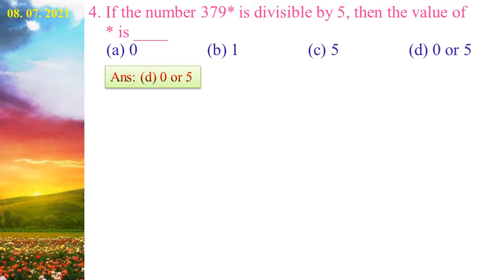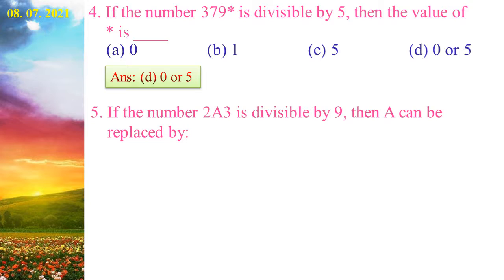The divisibility rule of 5 is a number is divisible by 5 if its ones digit is 0 or 5. Next question. If the number 2A3 is divisible by 9, then A can be replaced by dash.